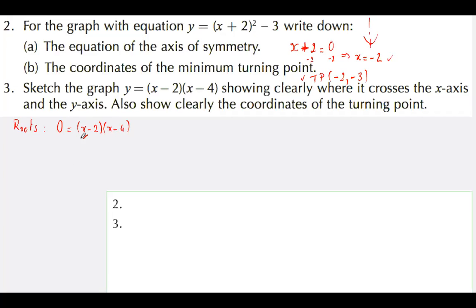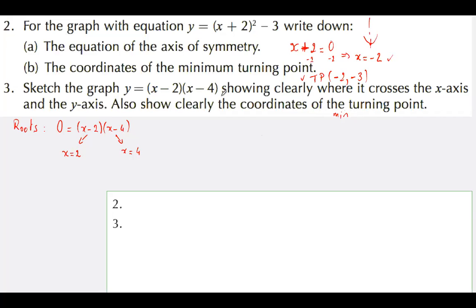So this is equal to 0 when x equals 2 or when x equals 4. So I know from this I've got a root at 2 and a root at 4. And because I've got x times x, which is x squared, I've got a happy face, so I'm going to get a minimum turning point.